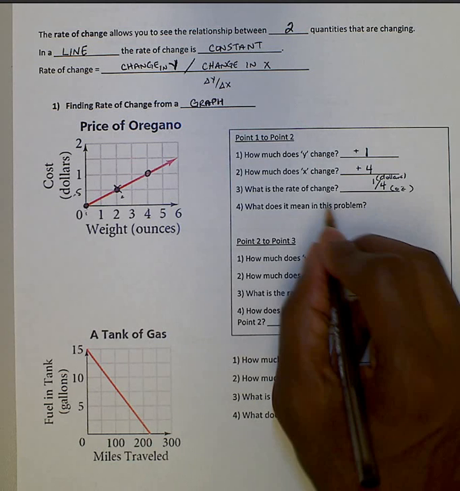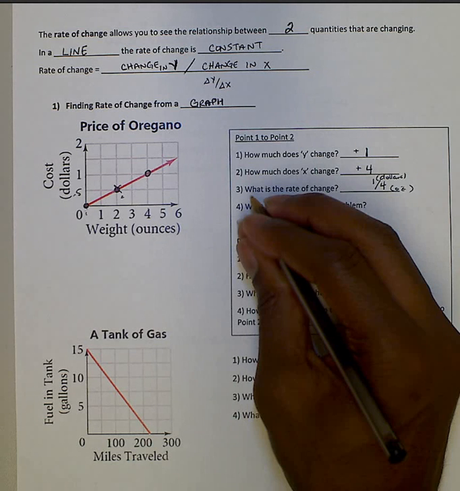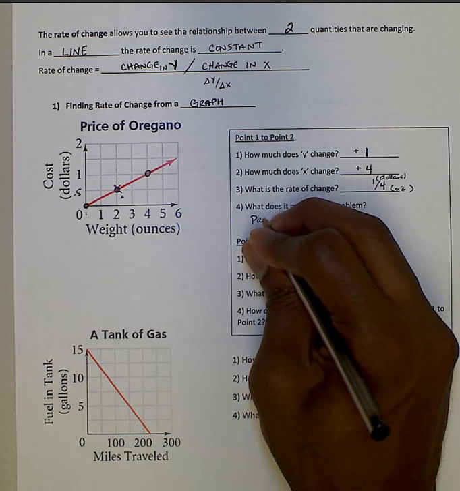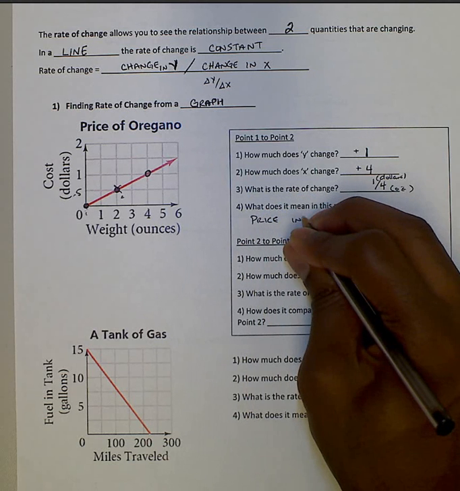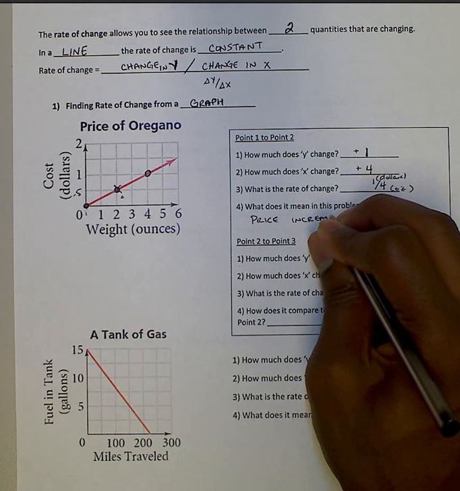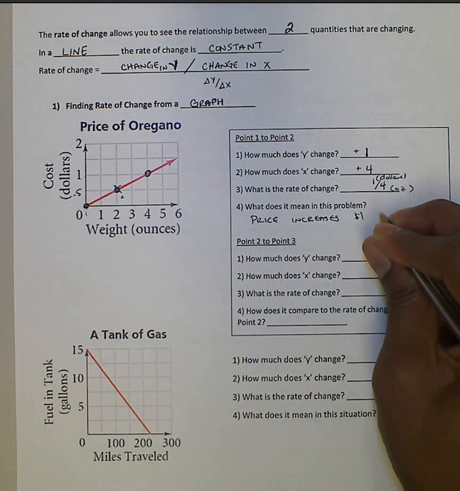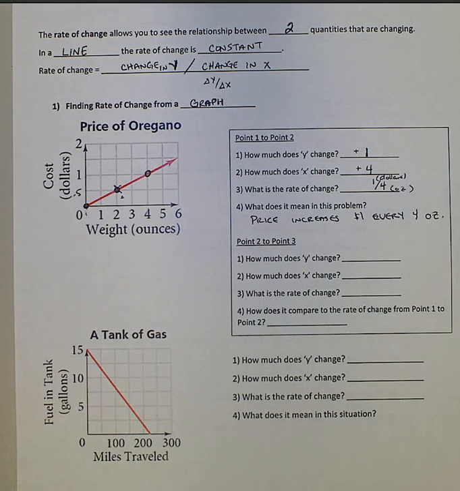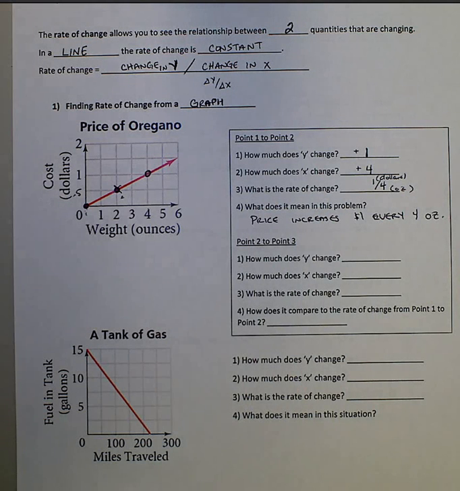Well, it means that the price increases $1 every 4 ounces. Okay, so not super difficult, just looking to see that we know what's being measured.